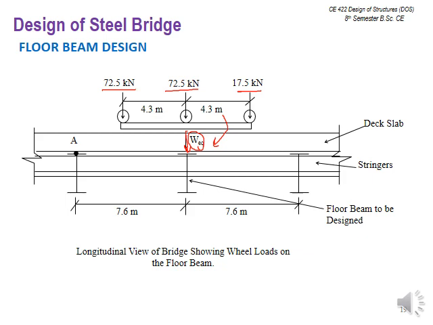If you draw the bending moment diagram, considering this central floor beam, this ordinate multiplied by this wheel load, this ordinate multiplied by this wheel load, this ordinate multiplied by this wheel load, this will be the maximum forces, meaning moment, and of course for the shear it will be similar.